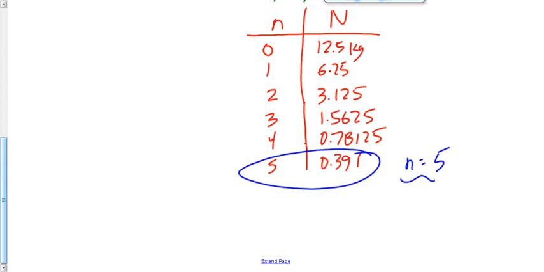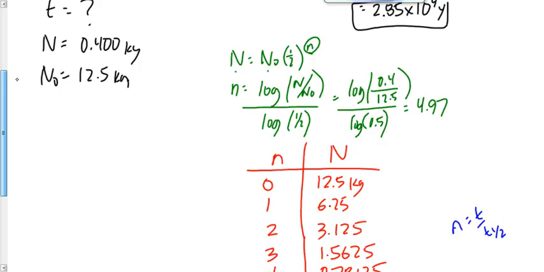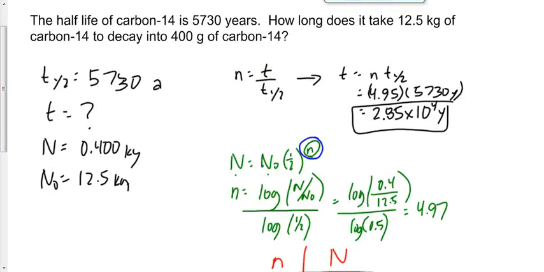You will never get a little n that's 4.45, unless you're using this equation, right? Then it might be 4.45. But you'll never get little n from here that's not either a whole number or really, really close to a whole number.